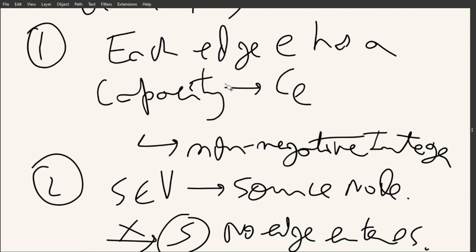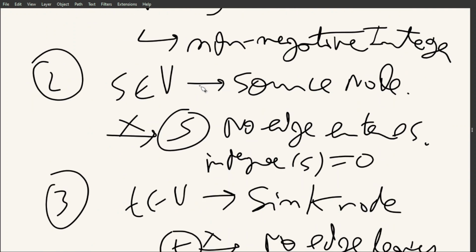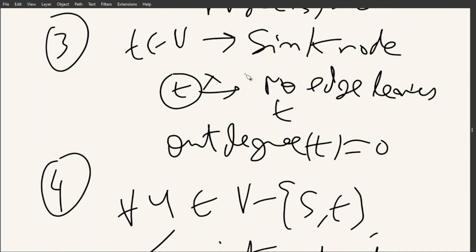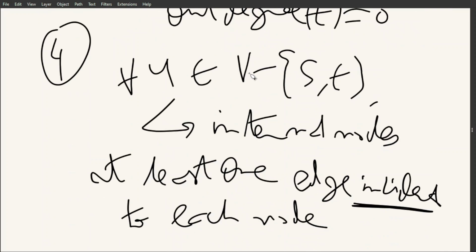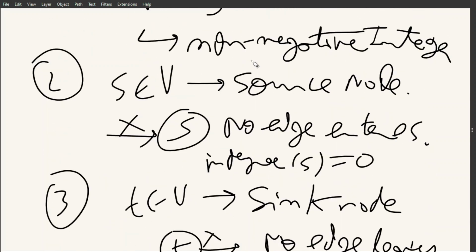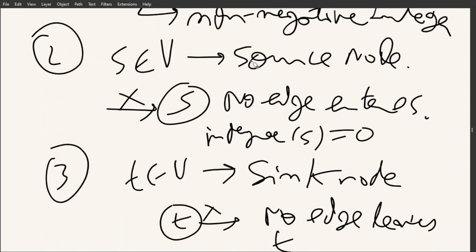First, each edge has a capacity. We have 2 distinguished nodes, source node with in-degree 0, sink node with out-degree 0, and all other nodes with at least one edge incident on it. Yes, single. So I have written here s and t, single source, single sink.